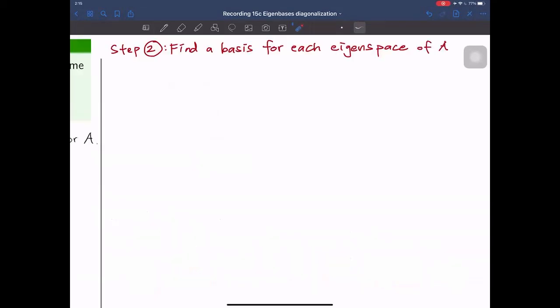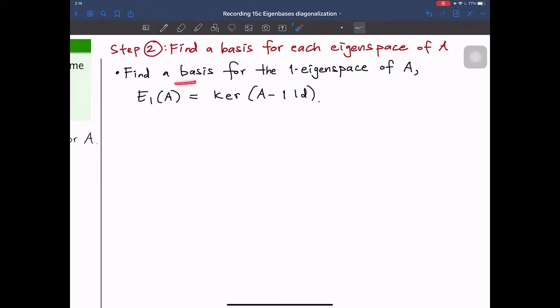The next step is to find a basis for each eigenspace of the matrix A. First, we find a basis for the 1 eigenspace of A. This is the shorthand for the 1 eigenspace of A. This is the same as finding a basis for the kernel of A minus 1 times the identity matrix.